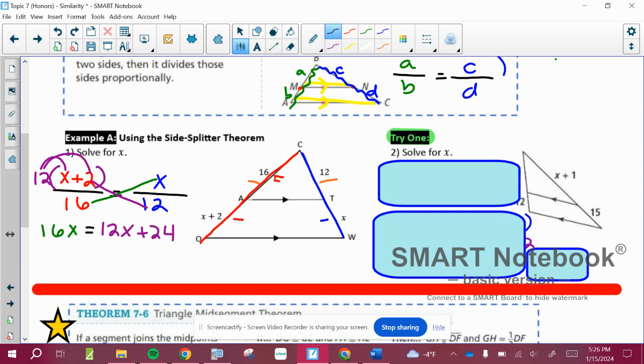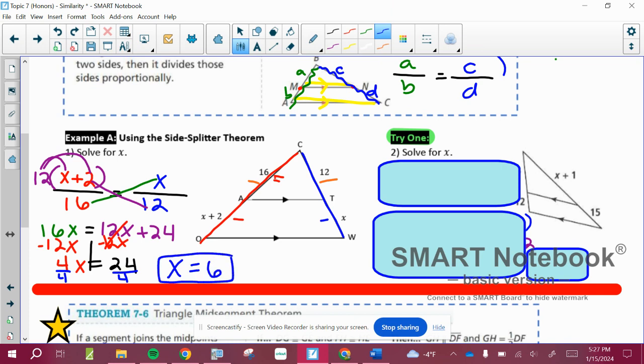Okay, and then the rest of that is just our basic algebra. I'm going to subtract the 12x over to the left side. So that's going to give me 4x. Bring down my equal sign and the 24. Divide out the 4 on both sides, and we got our answer here. x on this one equals 6. Okay, so that is the side splitter theorem.